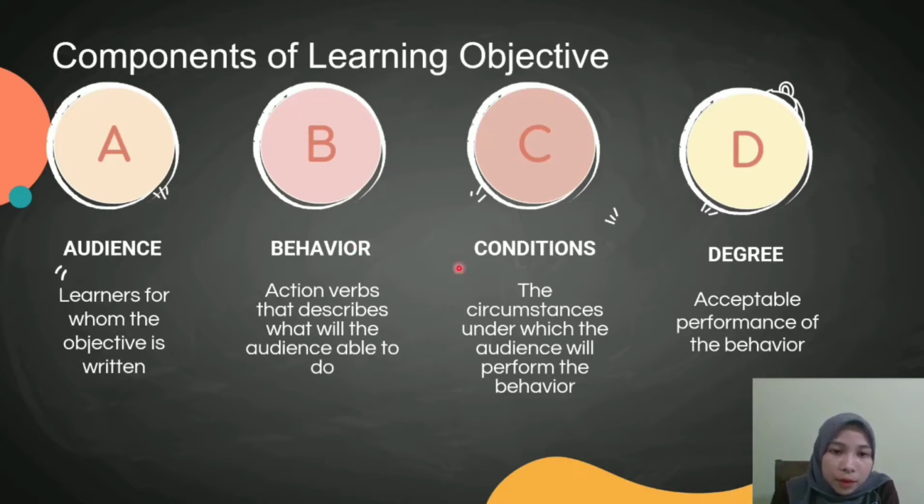Next is behavior. B refers to behavior. What is behavior? Behavior is the action verbs that describe what the audience will be able to do. So, to write a clear learning objective, it is important to carefully choose the most appropriate word that describes the behavior displayed by the audience after the training or the lesson is done. So, the action verb that forms part of your objective should be able to fully describe the specific behavior that is expected from an audience after undergoing a lesson.